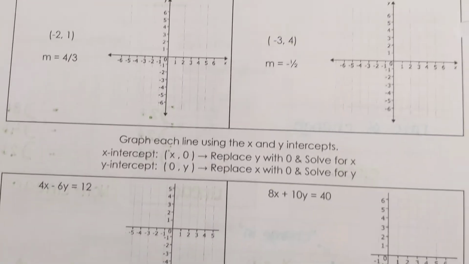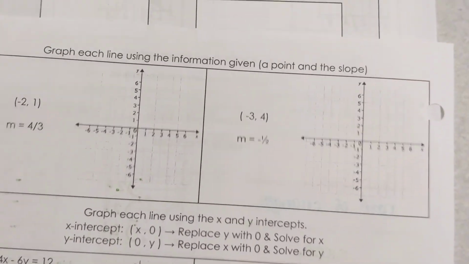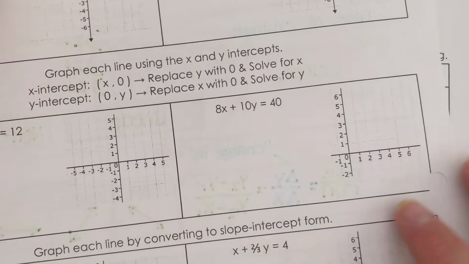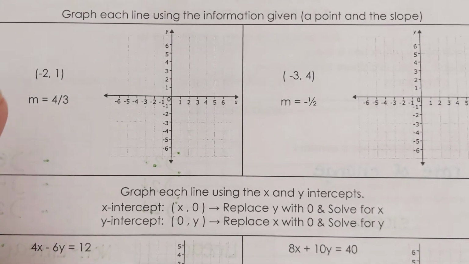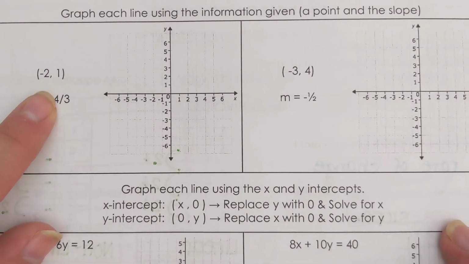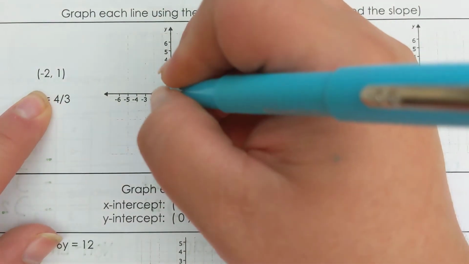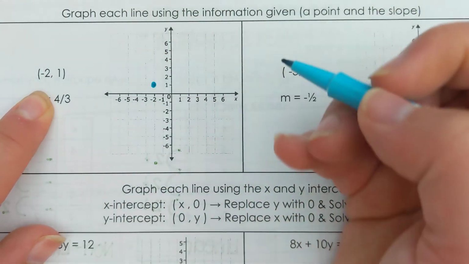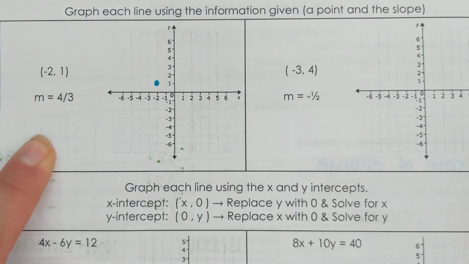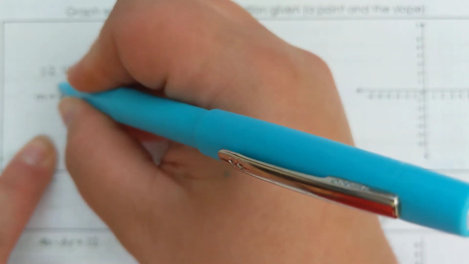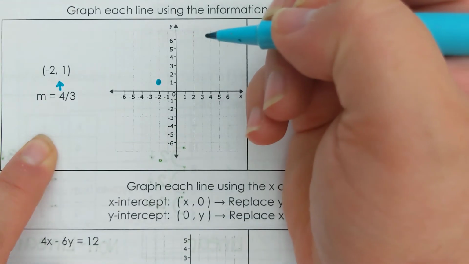Okay, let's actually start looking at some of the graphs here. So we are going to graph each line using the information given. Hopefully this part is like extremely easy for you guys. Start with the point, negative 2, 1, left 2, up 1. And then the slope, remember that this is rise on top. So that's going to go up 4.